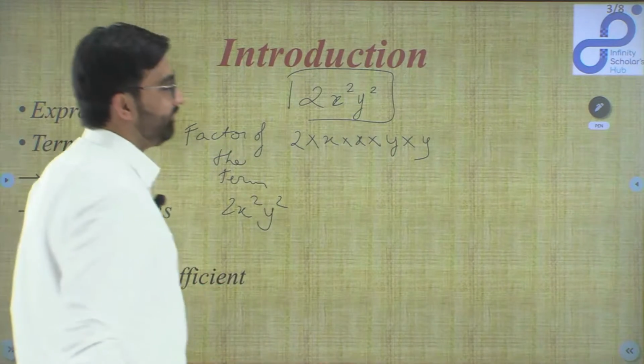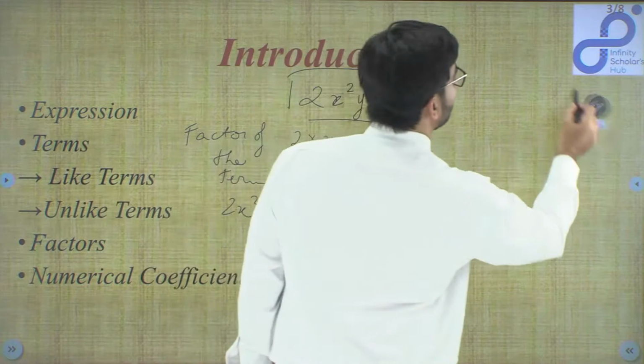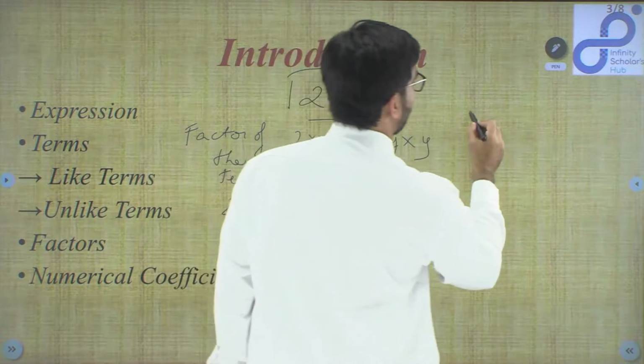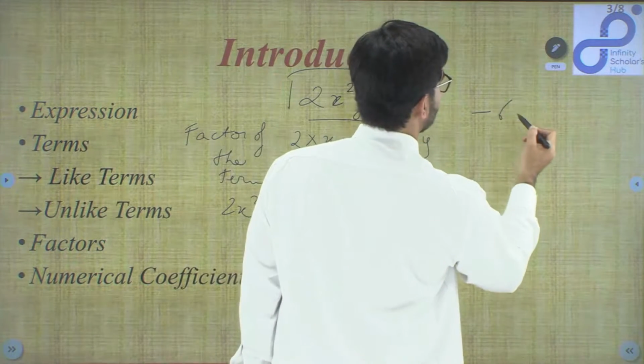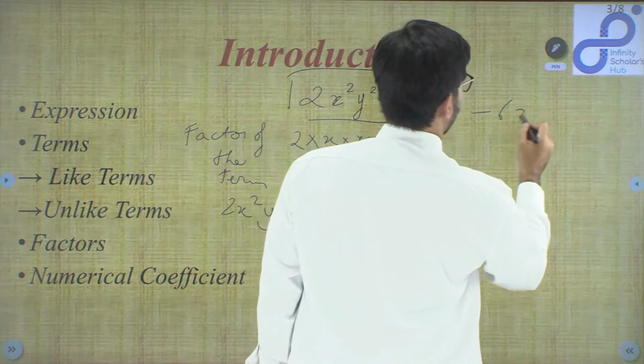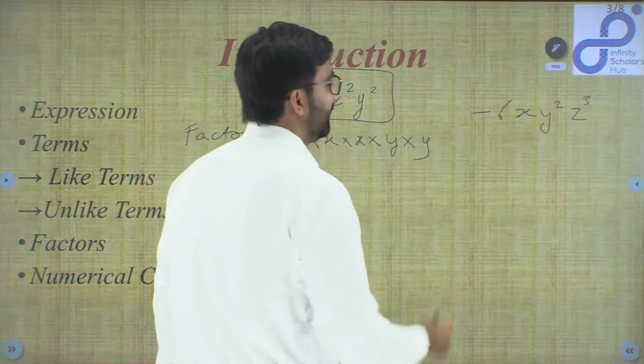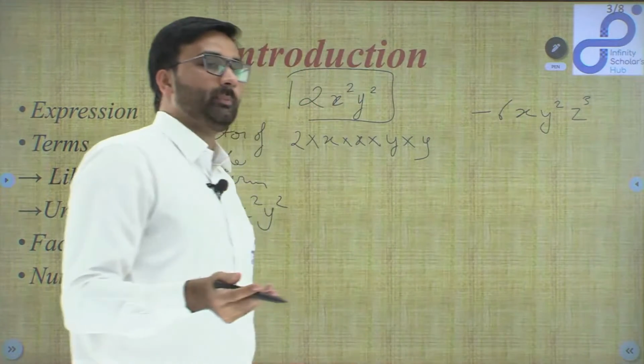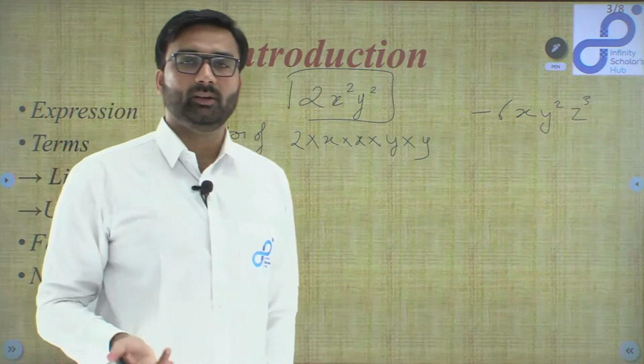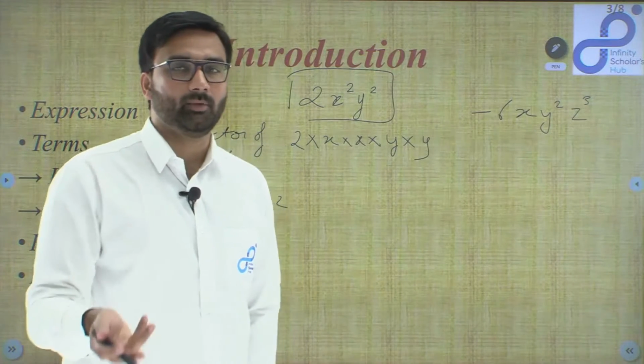Okay, on the same way, इसी तरह अगर मैं और एक एग्जांपल ले लूँ, जैसे कि समझ लीजिए -6xy squared z cube. Okay, so देखो -6 also you can split into, आप इसको लिख सकते हो -2 multiplied by 3, या तो आप लिख सकते हो 3 multiplied by -2.